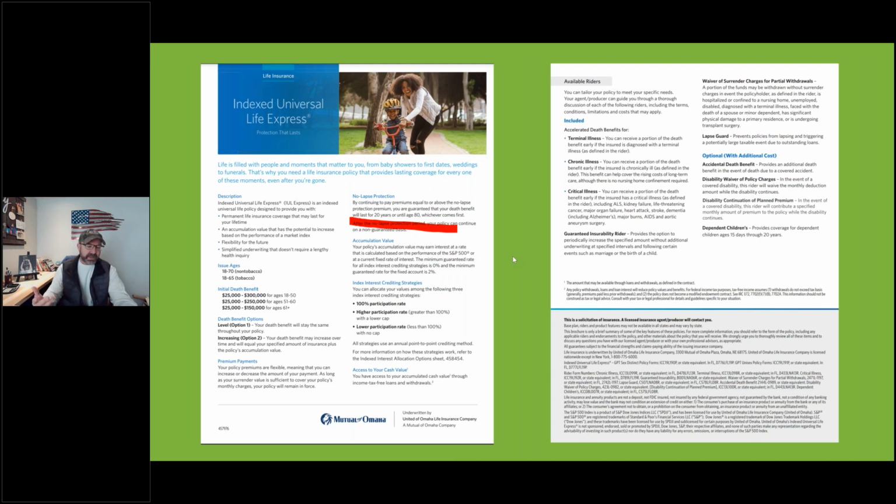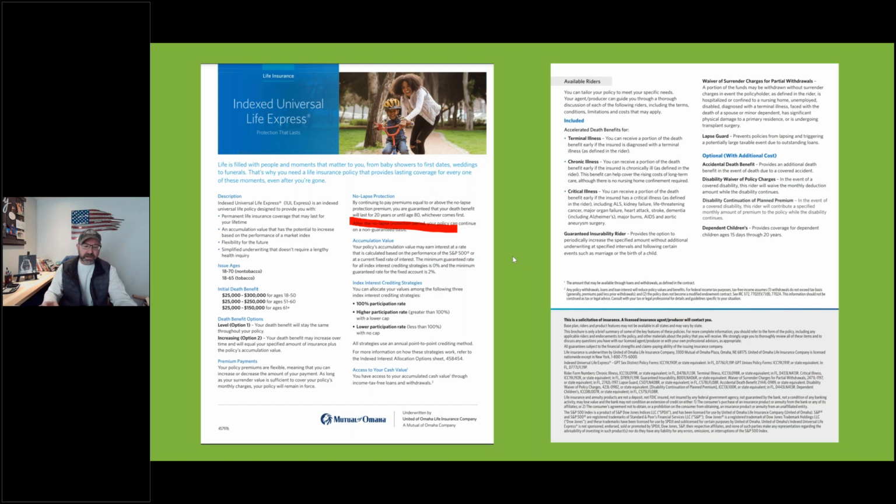Also, the term life is available with coverage until age 100, which is good. At the end of the term, you can convert it to a reduced paid up policy, which I'm going to show you here in a minute. It has a very simple, easy application process because with return of premium, there's no illustration required.